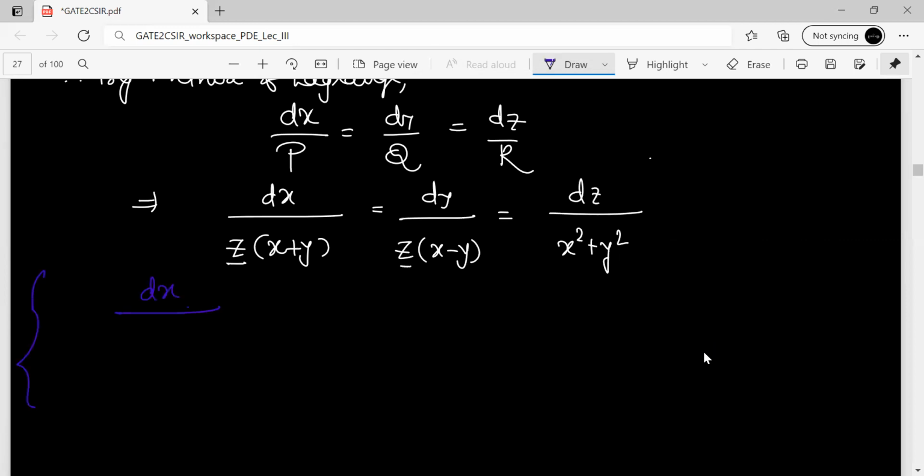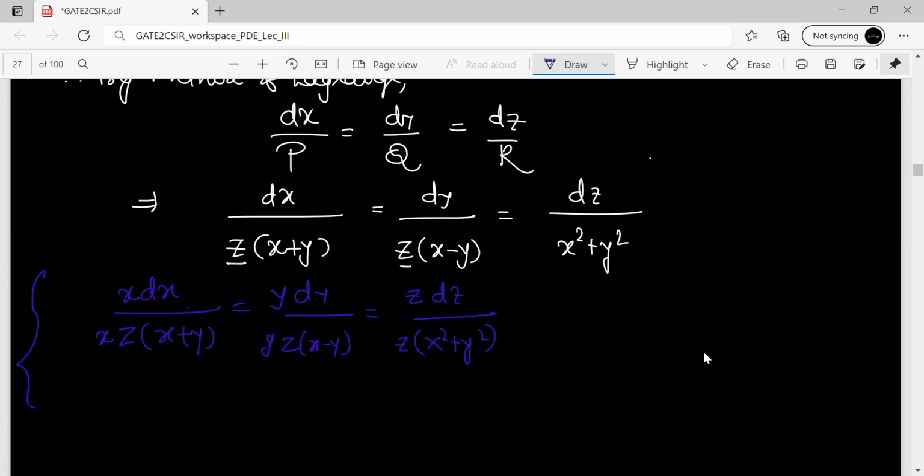Suppose I'm given dx over z(x plus y) equals dy over z(x minus y) equals dz upon x square plus y square. What if I multiply the numerator and denominator by x in the first, by y in the second, and by z in the third, and now just add them? See what you get: x dx plus y dy plus z dz.